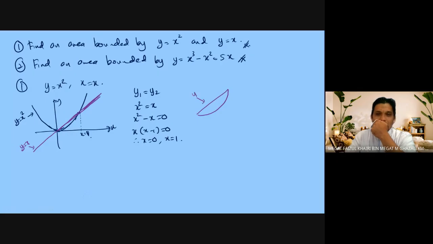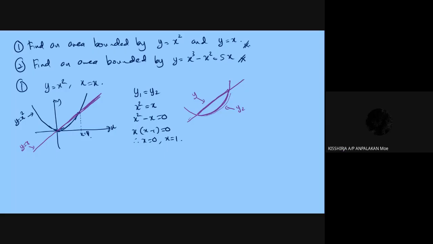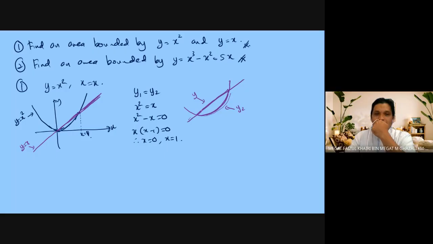So we have y1 and y2, from the linear graph and also the curve. In this area, one graph is above the other. So the above function represents the upper boundary. This is the area, like a karipap.